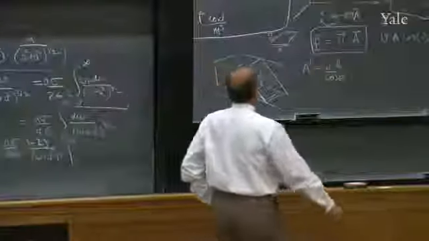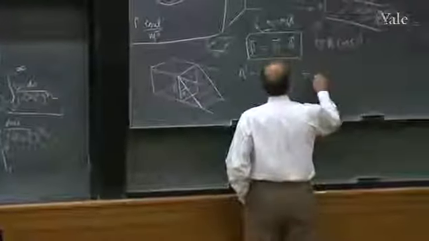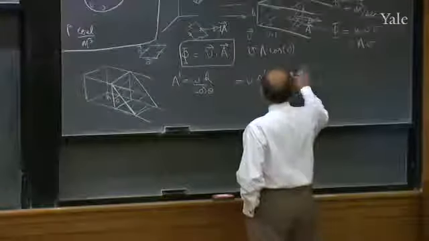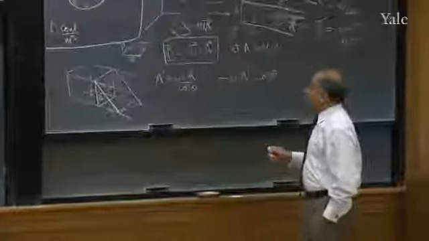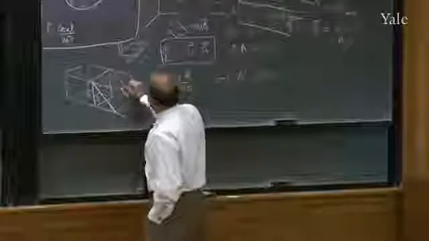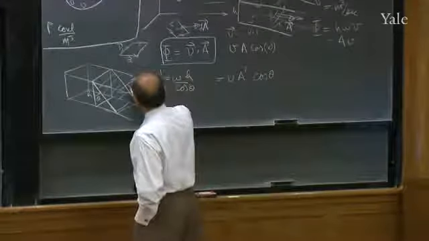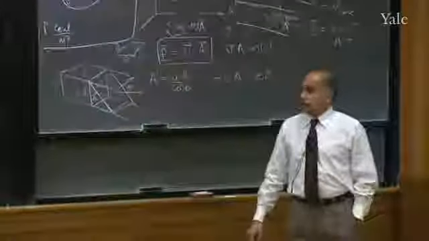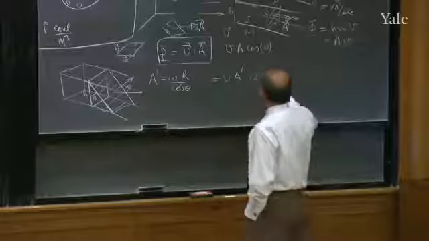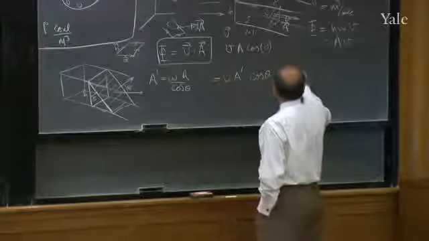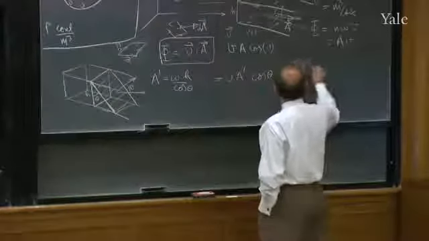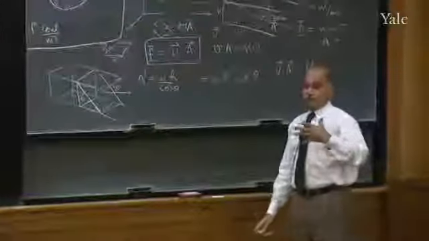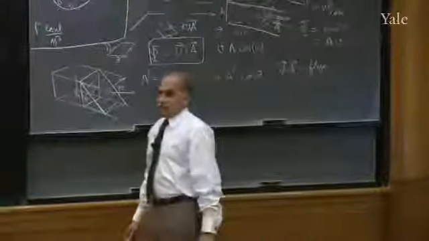So how am I going to get the same rate? The flux is not going to be V times A prime. It's going to be V times A prime times cosine theta. But theta is the angle between the area vector and the velocity vector, which is the same angle here. So the moral of the story is V dot A prime, or V dot A in general, is the flux or the flow of any vector across an area.